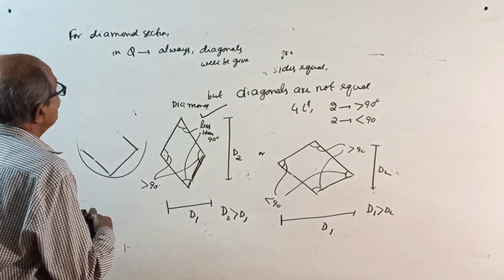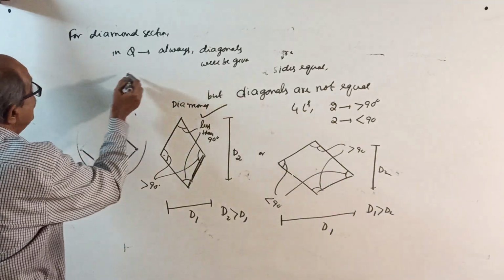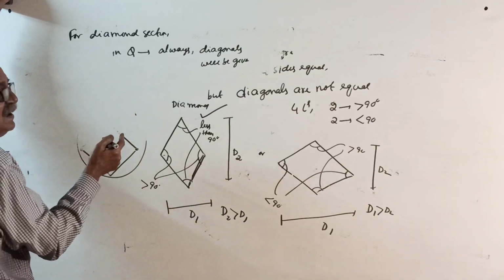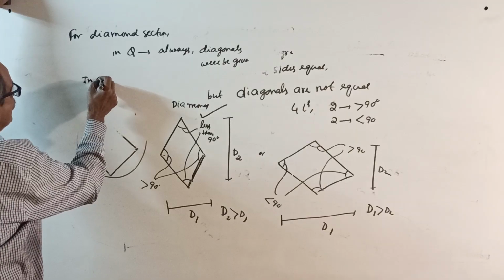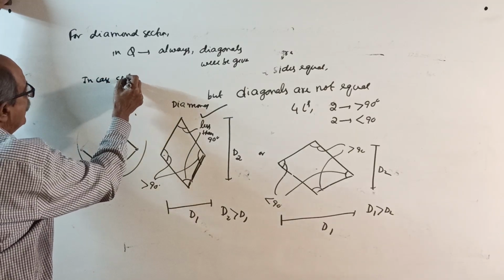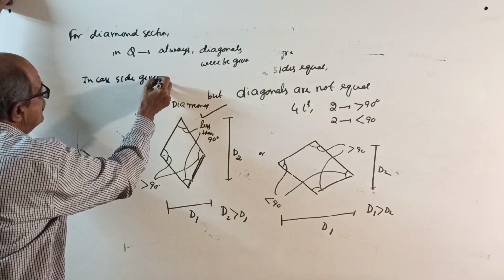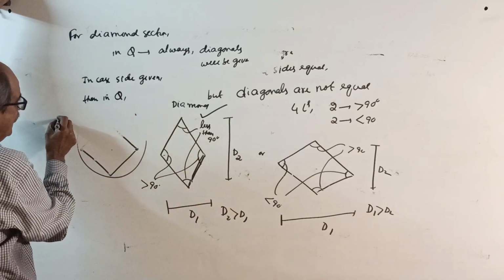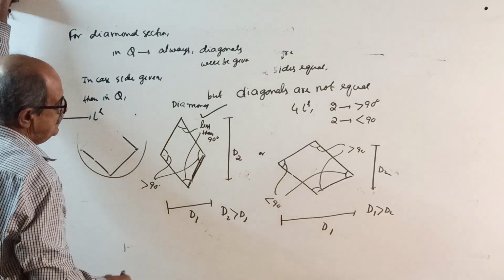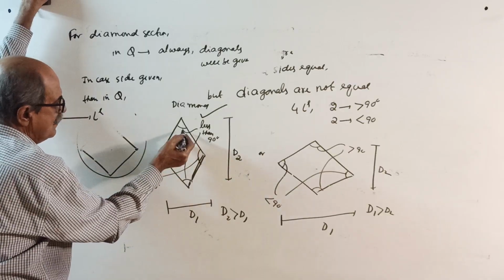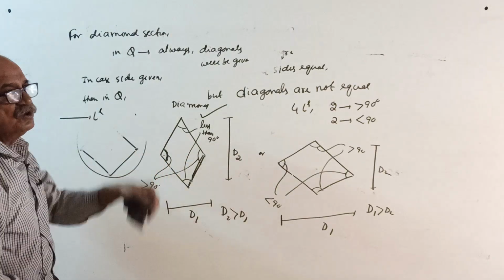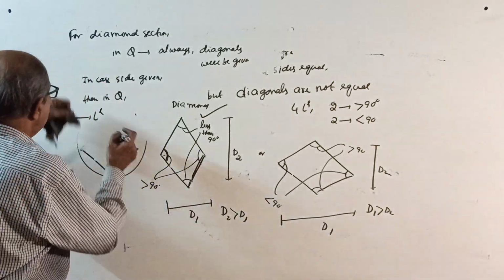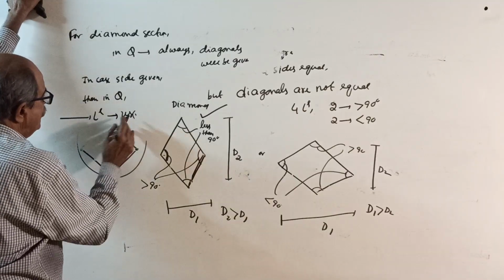And one more thing, see, further. In case you want side, see, sides are equal, then in case side is given, in the question they should mention the angle. They should tell what is this angle, one angle. They should mention the angle. In that case, okay, you can calculate. Then use trigonometry.